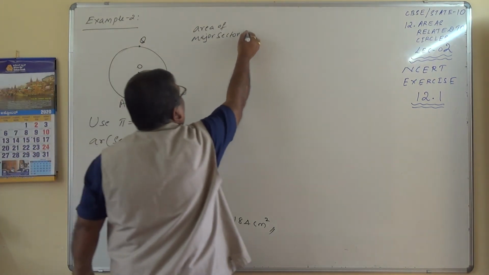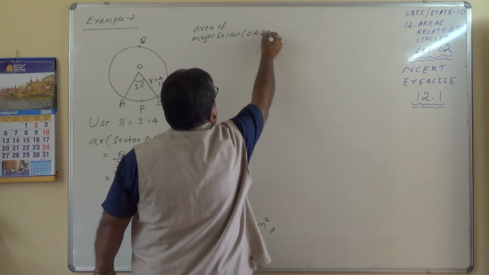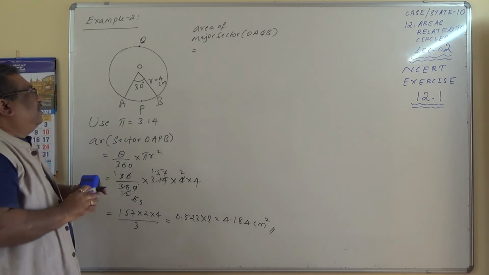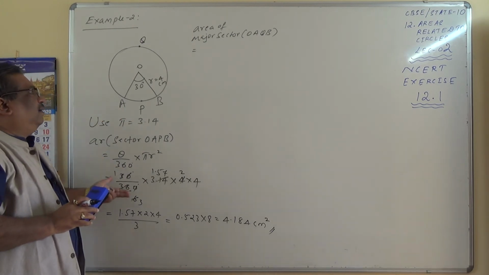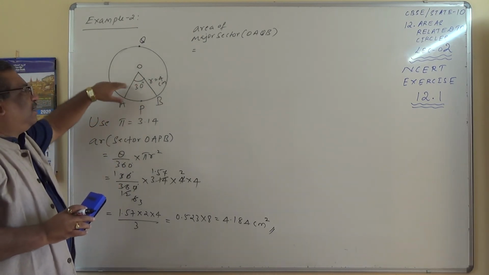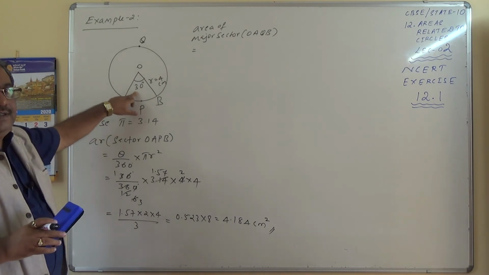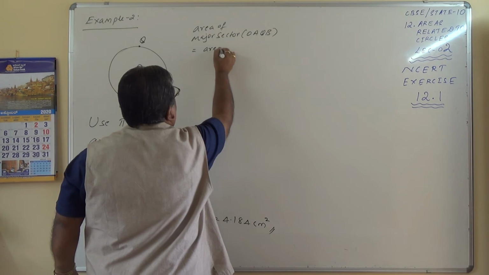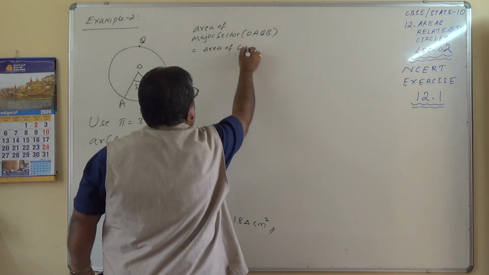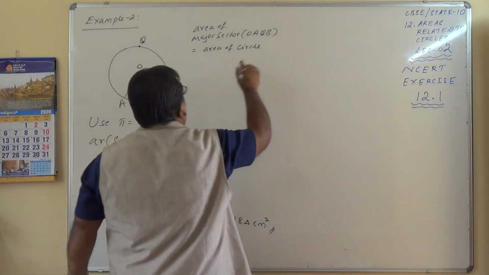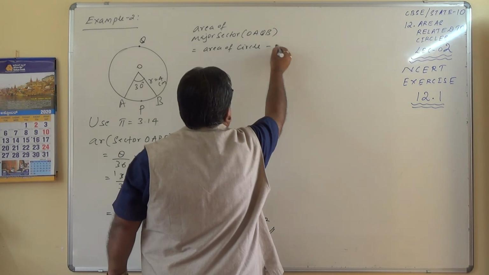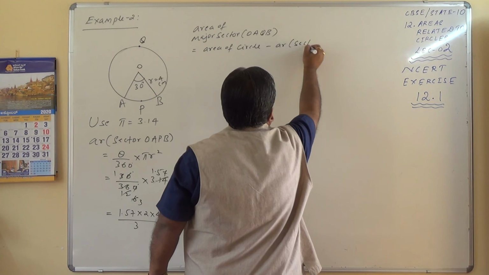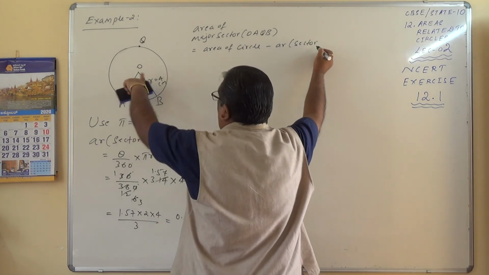Area of the major sector OAQB is equal to, how to find it? Either by the angle formula or area of the circle minus area of the sector. That way also I can take it. Area of circle of radius 4 centimeter minus area of sector OAPB.